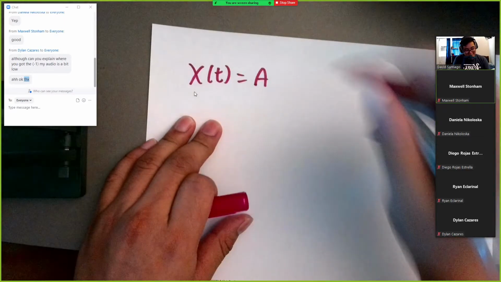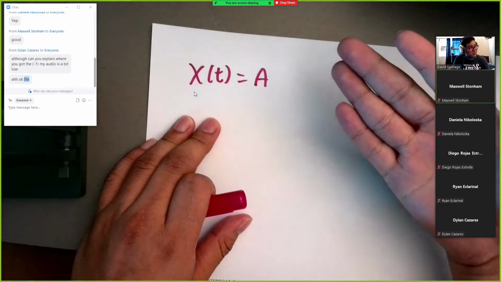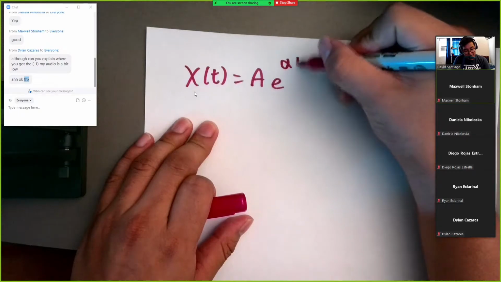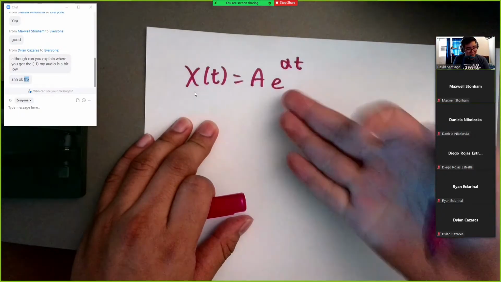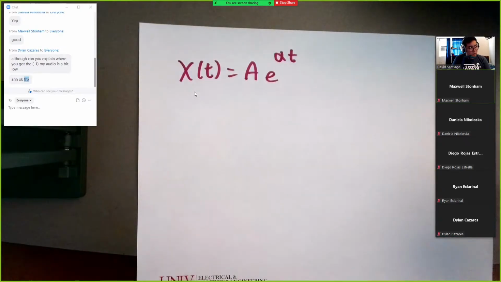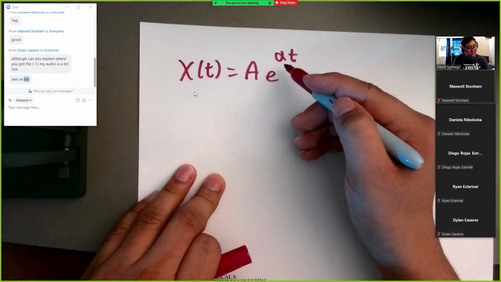I'm just kidding. We're going to have some type of exponential, so let's put e to the alpha t. As time goes by, the signal will either grow or decay depending on what this alpha term is.